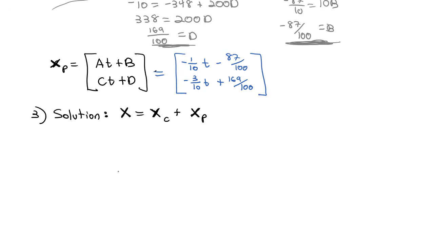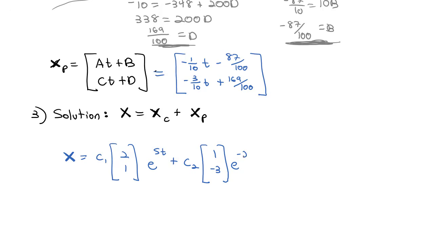Or in our case, if you remember from up above, x is equal to c1 times 2(1) e to the 5t plus c2 times 1 negative 3 e to the negative 2t plus the x particular that we just found, which is negative 1/10 t minus 87 over 100, and negative 3/10 t plus 169 over 100.